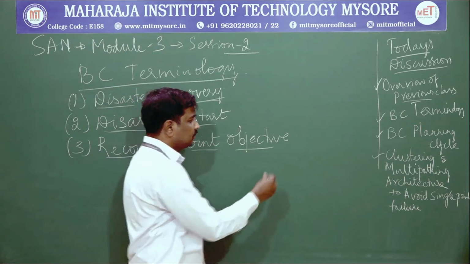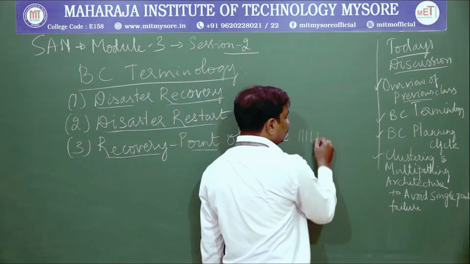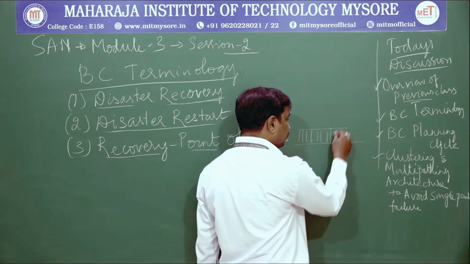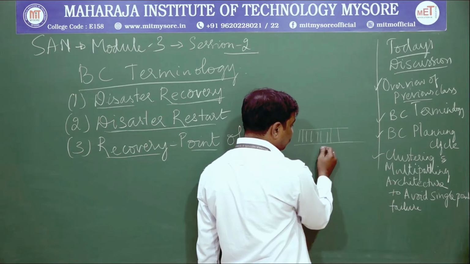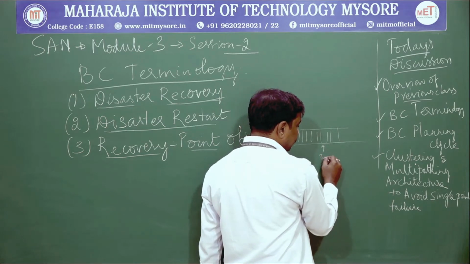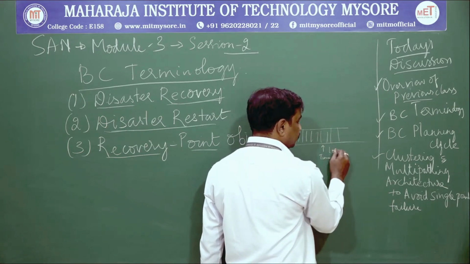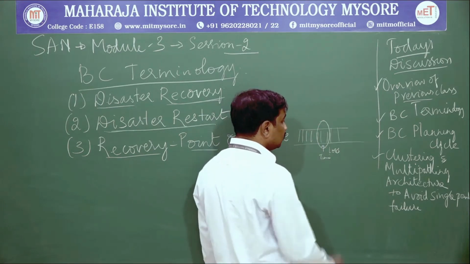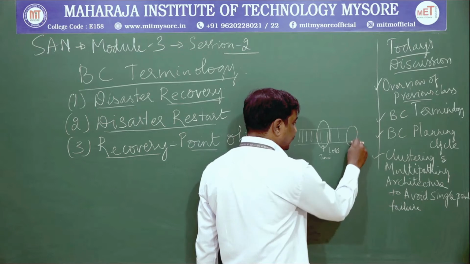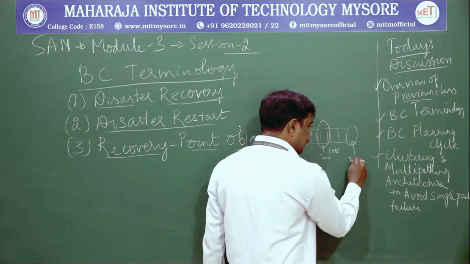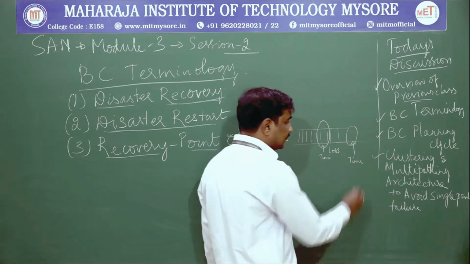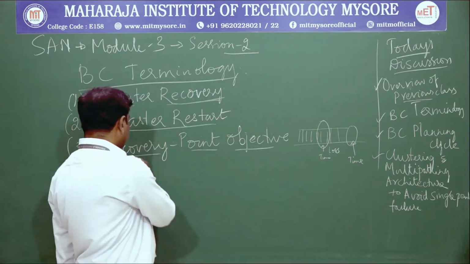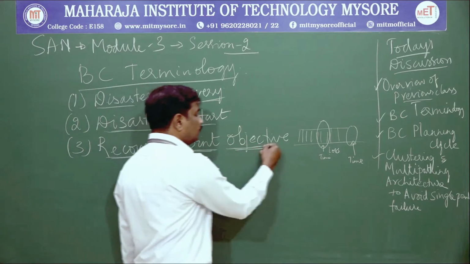It means we have data in transmission, and at some point of time the data may be lost. To identify the point where the data is not being reached, such a concept is nothing but the recovery point objective.